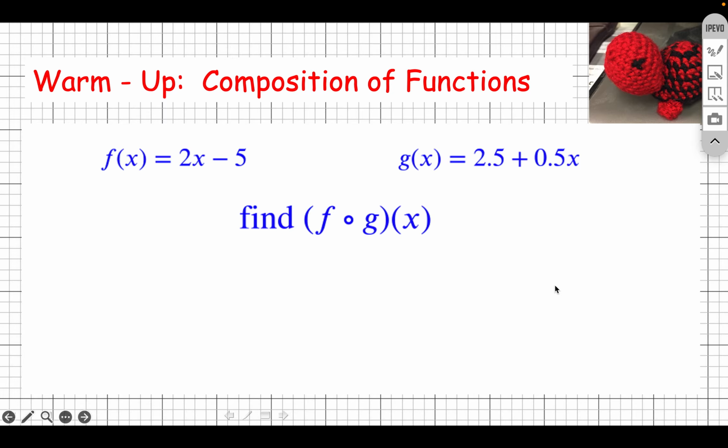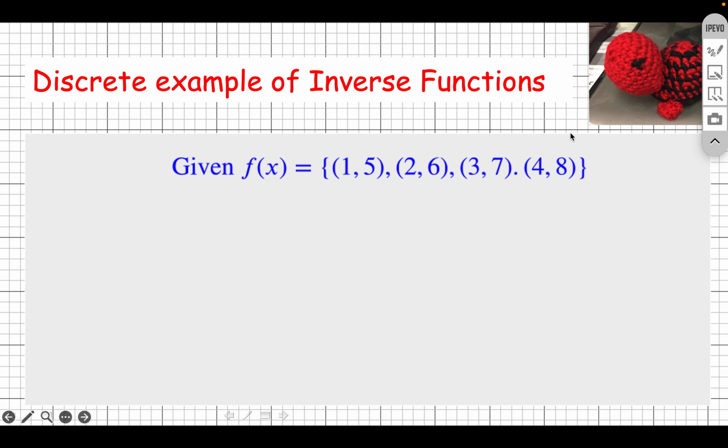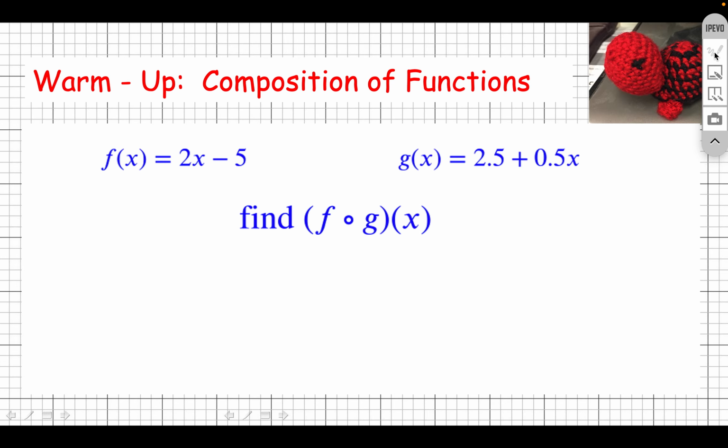So going back to those two functions we started off with in our warm-up, we're going to do this as a composition using x. We're not going to put a number in. Remember, this is our symbol for composition.